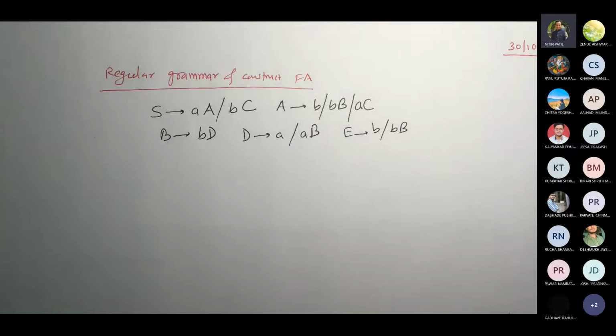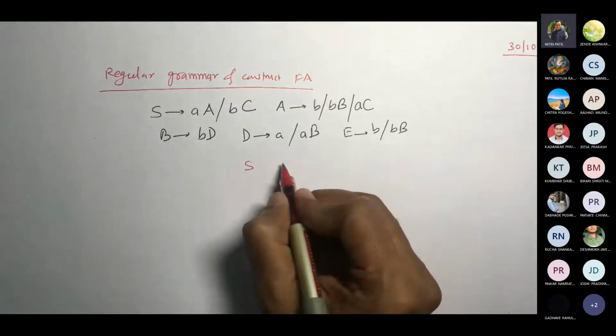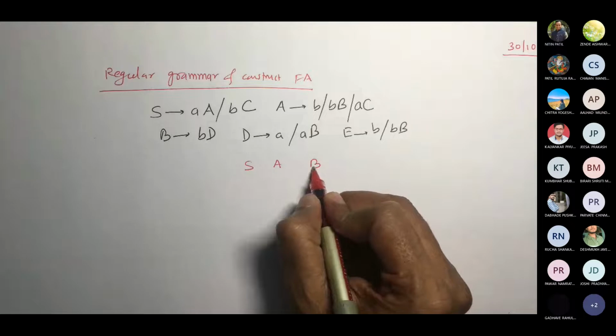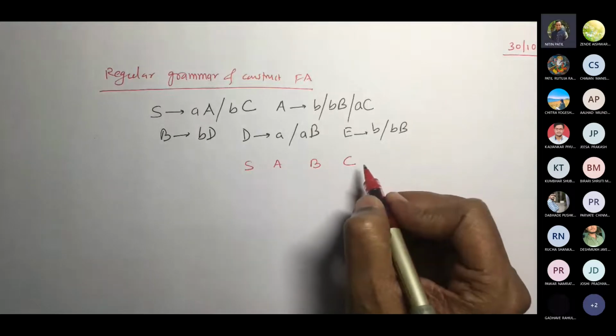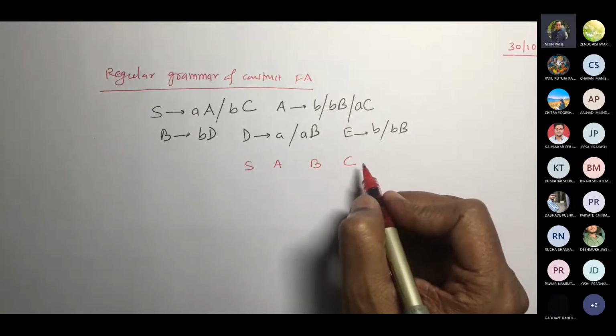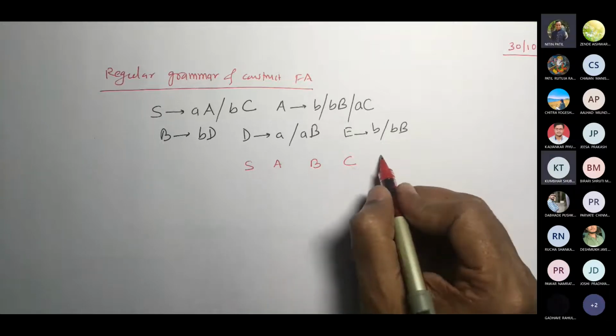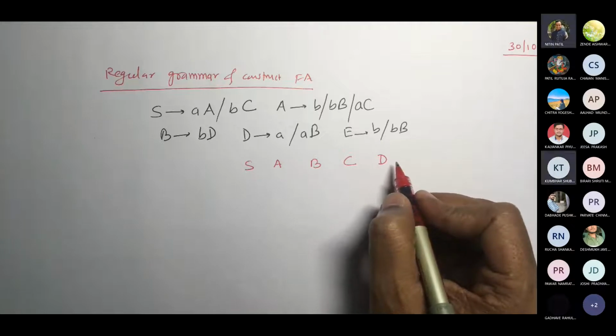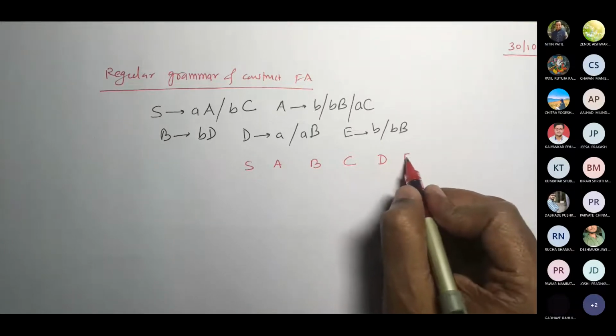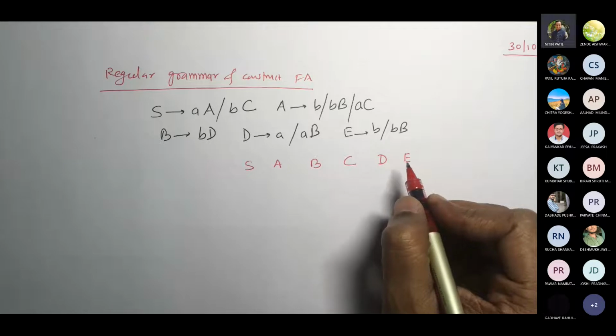Now first concentrate on how many variables are there. So we will say S, A, B, C, then D, then E. Correct.